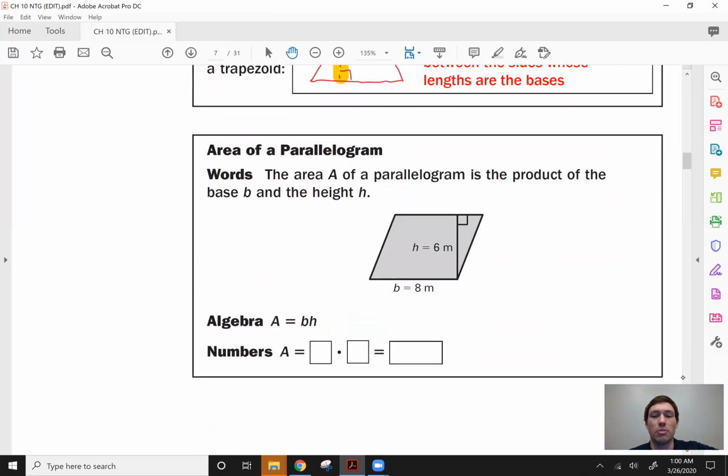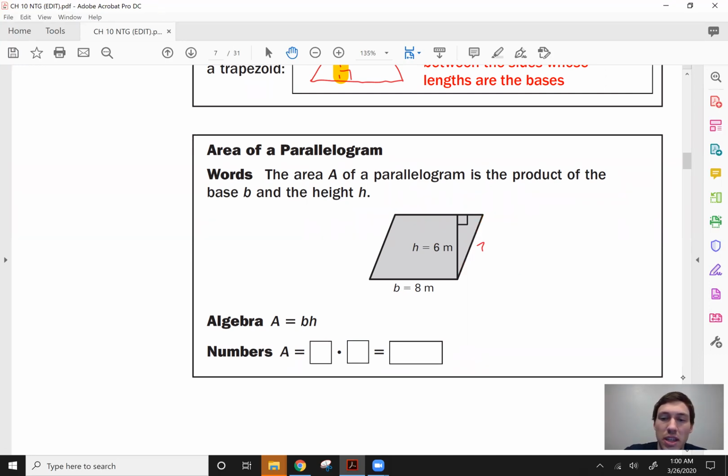So to find the area of a parallelogram, just like it was with rectangles, it's base times height. Now it's the same with the parallelogram, except remember, if it did give you the length here, so let's say this was 7, this side is not the height.